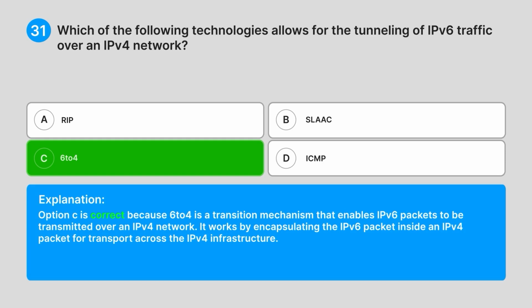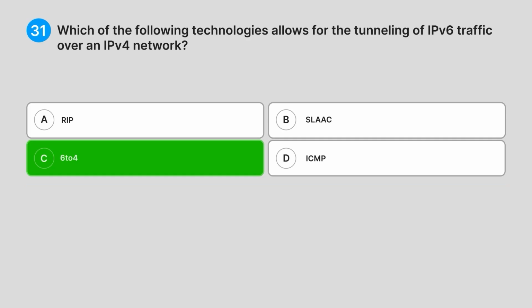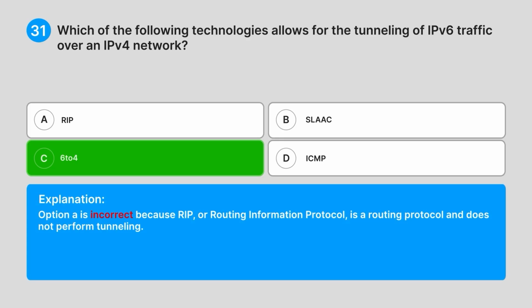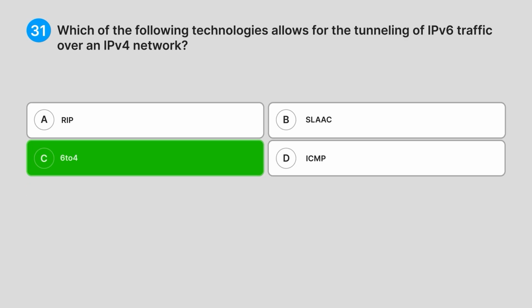Explanation. Option C is correct because 6to4 is a transition mechanism that enables IPv6 packets to be transmitted over an IPv4 network. It works by encapsulating the IPv6 packet inside an IPv4 packet for transport across the IPv4 infrastructure. Option A is incorrect because RIP, or Routing Information Protocol, is a routing protocol and does not perform tunneling.